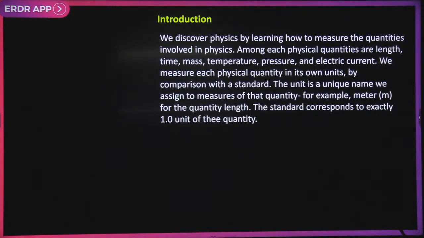For example, meter for length, degree Celsius and degree Fahrenheit for temperature, meter per second for speed, and meter per second squared for acceleration. The standard corresponds to exactly 1 unit of the quantity.